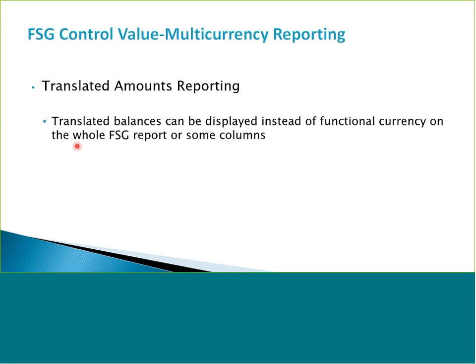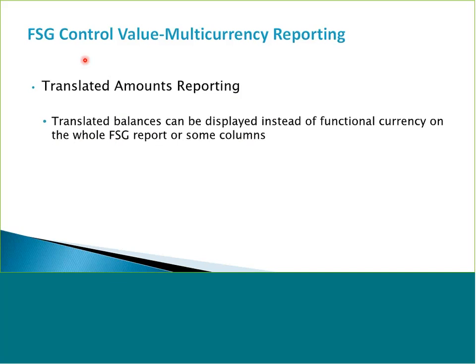Once you do translation, then you have balances for your accounts maintained in whatever foreign currency it is that you did translation for. So if our functional currency is USD, and at the end of the period we do translation, we can do translation to Kenya shillings. So we'll have balances both in Kenya shillings and in our functional currency USD.